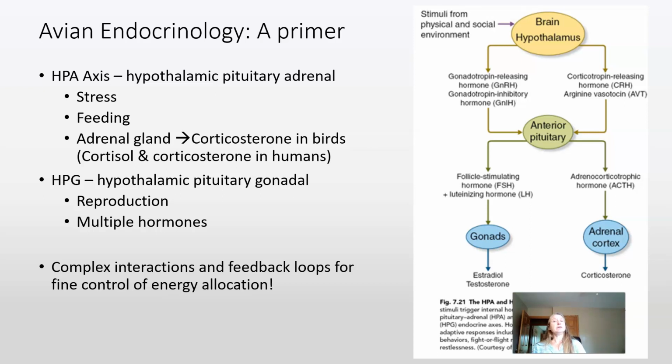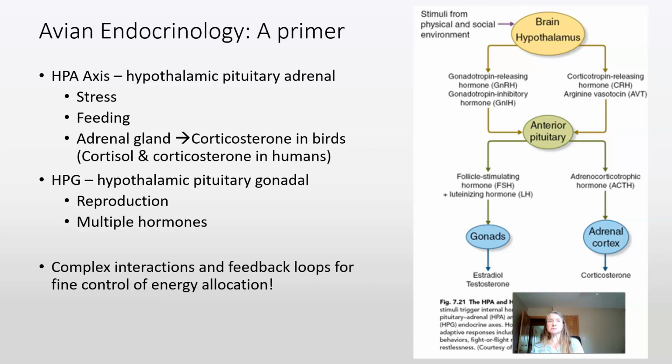So in general, you can think about the HPA axis, the adrenal axis, as the stress axis. It's also for feeding. So individuals that are starving will have high corticosterone levels, or cortisol levels if they're in mammals. Burn patients often die from starvation, and they will have very high cortisol levels.